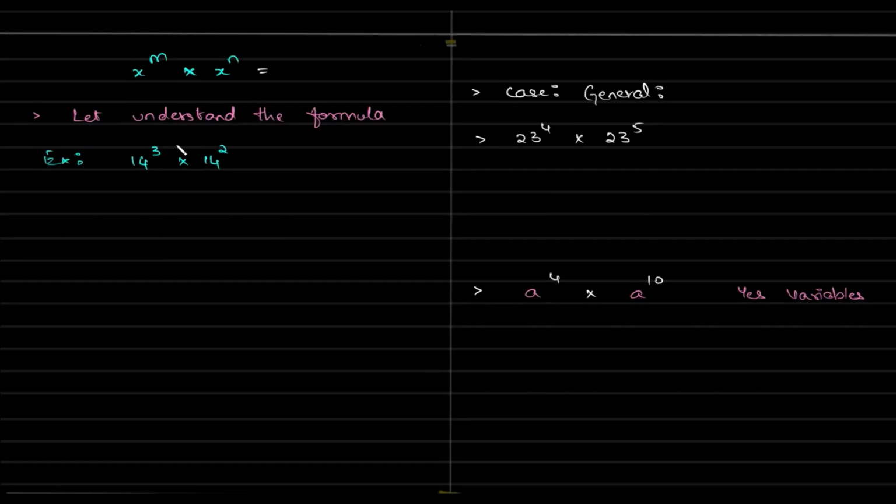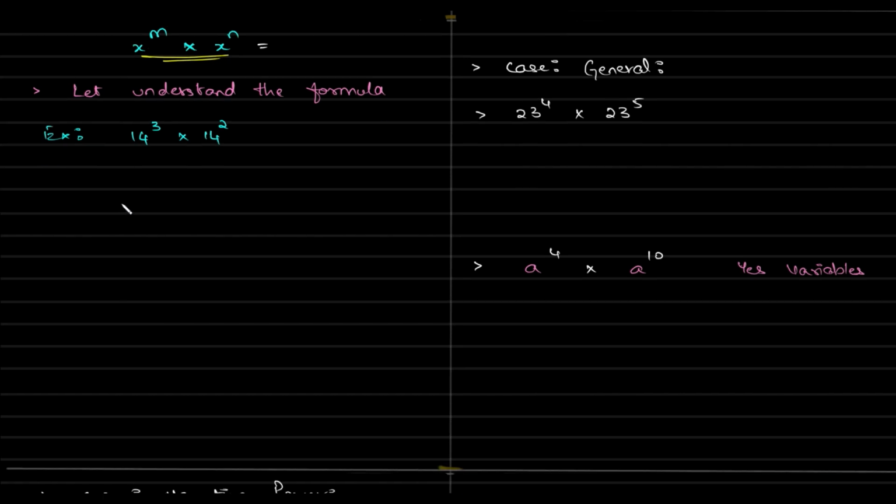We're going to start off with the very first formula, x to the power of m into x to the power of n. Before we write the formula, let's understand the formula. On the same pattern, I have 14 to the power of 3 into 14 to the power of 2, right?